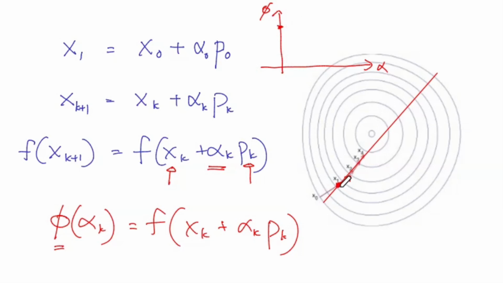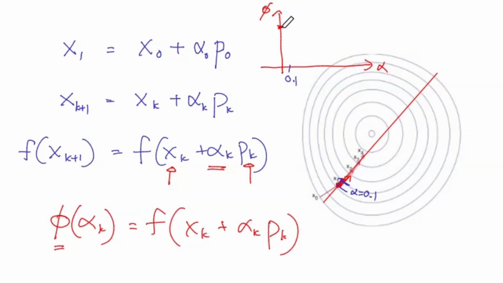When we take a small step to this point, the step length alpha we take is equal to 0.1, a small value. Since we are using steepest descent or Newton, we are going down to a lower value.